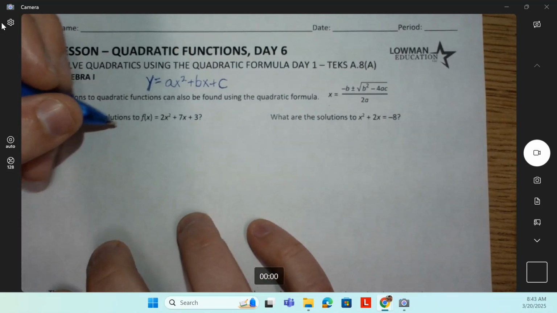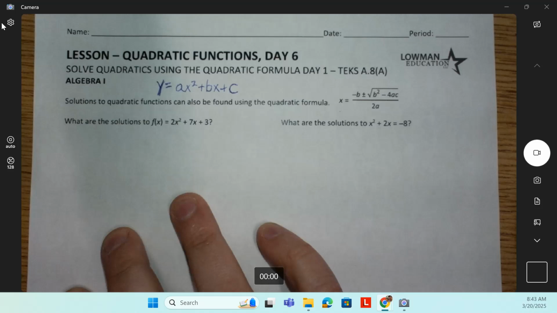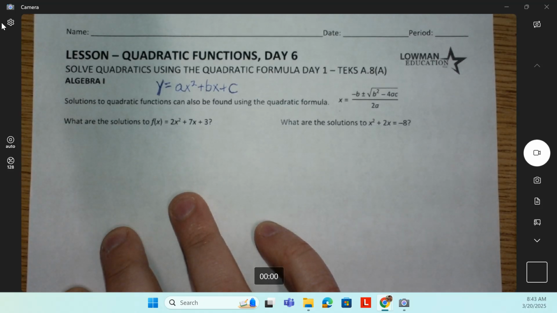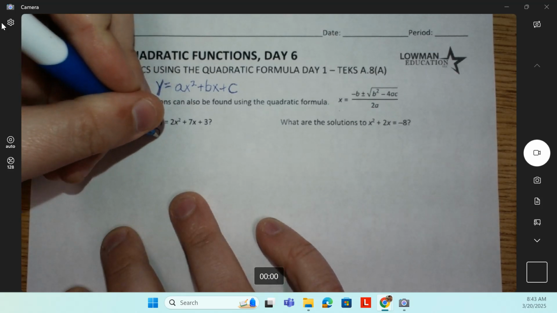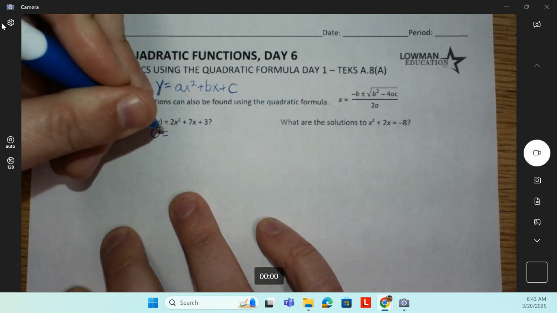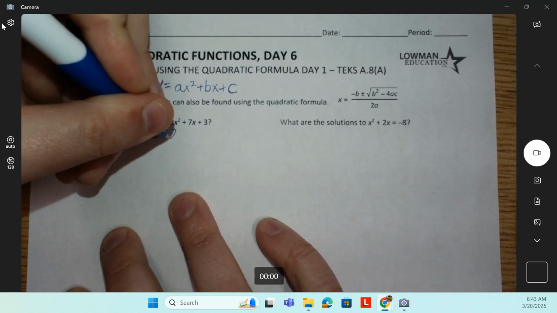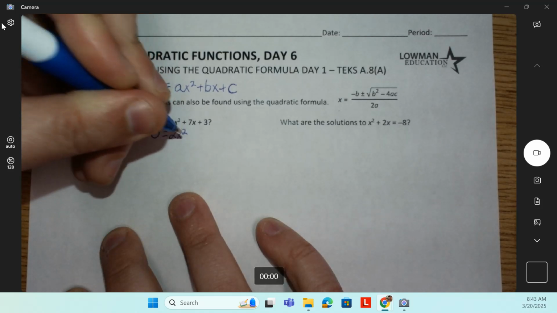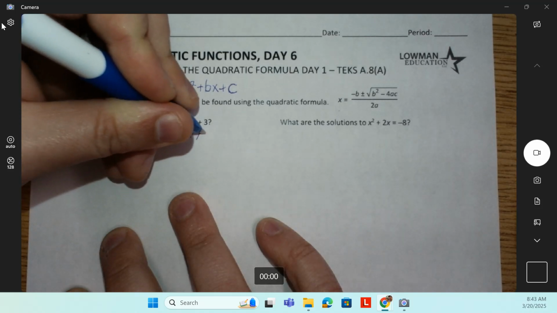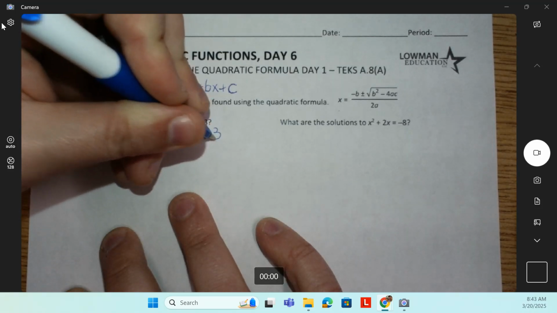So looking at this quadratic here, I'm going to set it equal to 0, because setting it equal to 0 is what we do to find our solutions. 2x squared plus 7x plus 3.